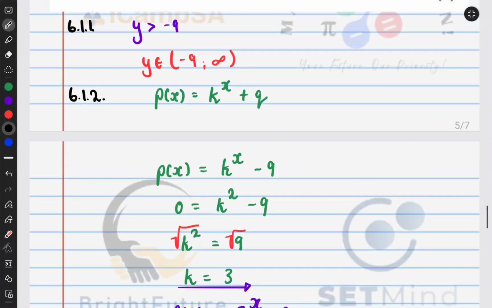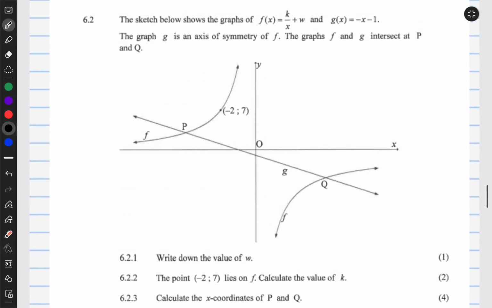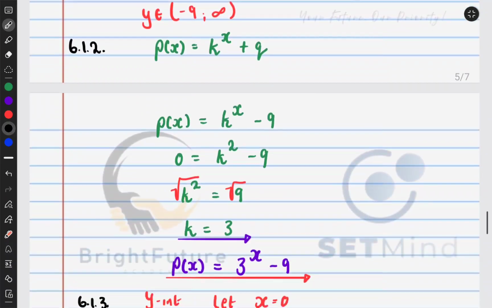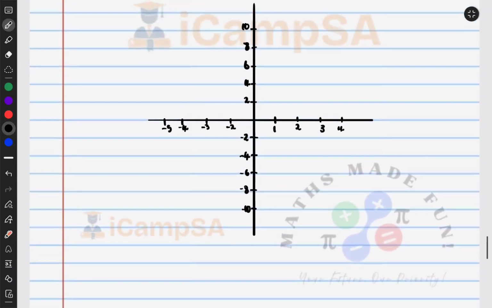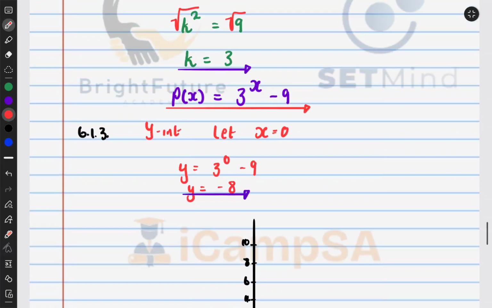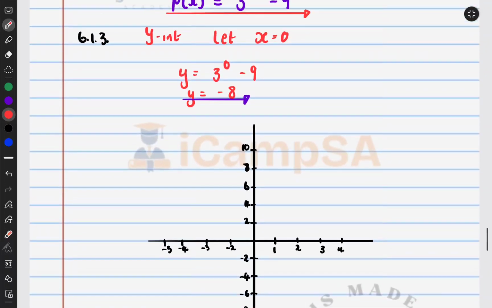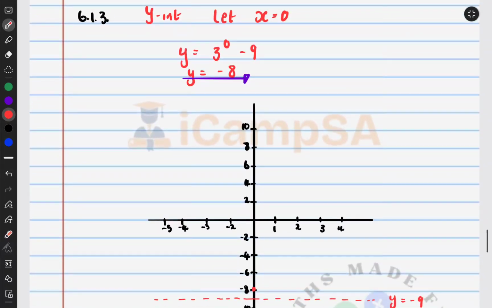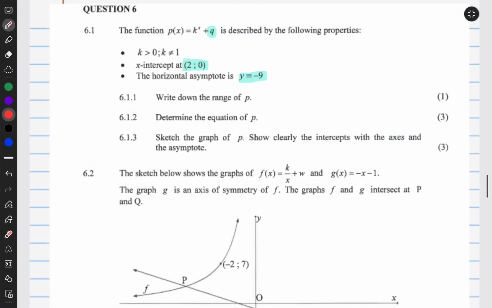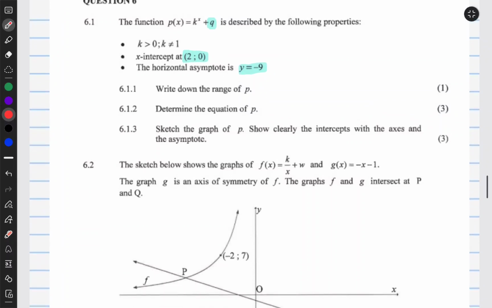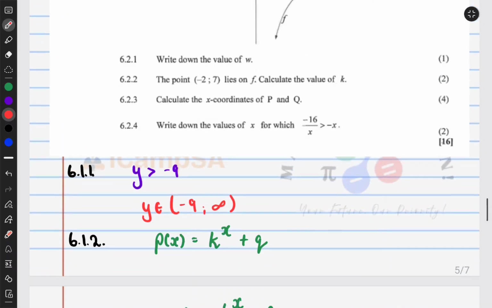Okay, let's sketch the function. It starts with the asymptote, which is negative 9. Yes, the asymptote is negative 9, so it's right between negative 8 and negative 10. So it's going to be here where y is equal to negative 9, and then we have two intercepts: the y-intercept at 0 and negative 8, and the x-intercept at 2 and 0.